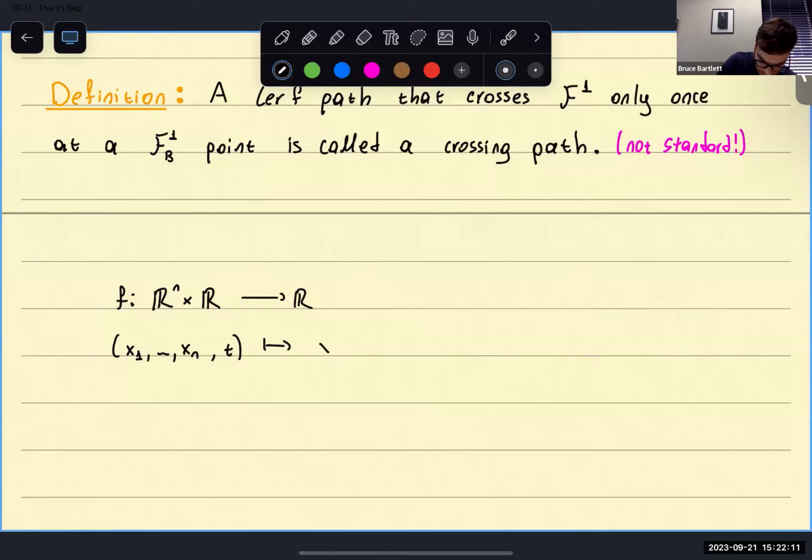And I have x1 cubed minus t x1 plus a quadratic in the other variables.